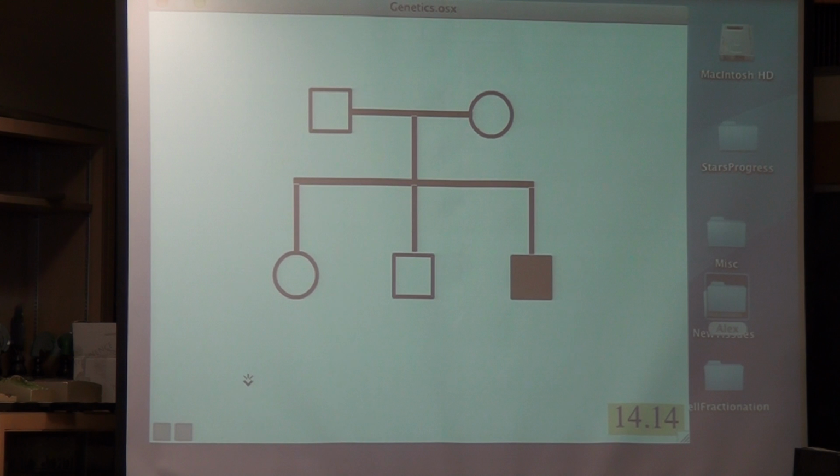Well, do the parents have the disease? No. And so what has to be their genotype? Little q, right, because if the dominant allele gives you the disease and you don't have the disease, then you don't have the dominant allele. And so if it's a dominant disease, we know that they have to be little q. As a matter of fact, anybody who doesn't have the disease has to be little q.